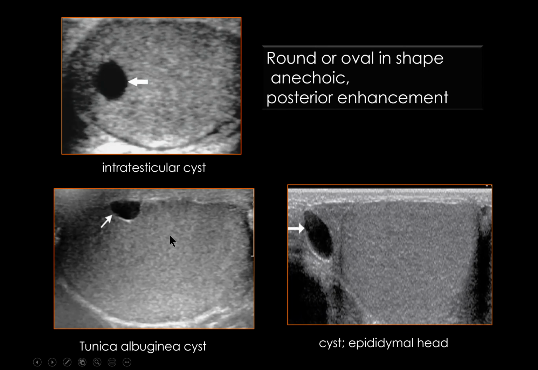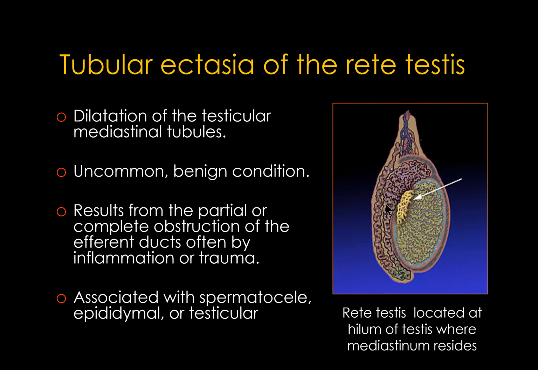Tubular ectasia of the rete testis is dilatation of the testicular mediastinal tubules. The rete testis is located at the hilum of the testis, where the mediastinum of the testis arises. Tubular ectasia of the rete testis is uncommon. It is a benign condition that results from partial or complete obstruction of the efferent ducts, often by inflammation or trauma.